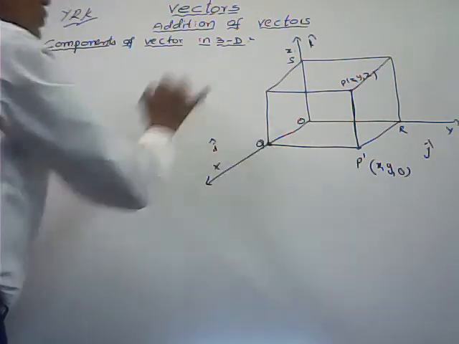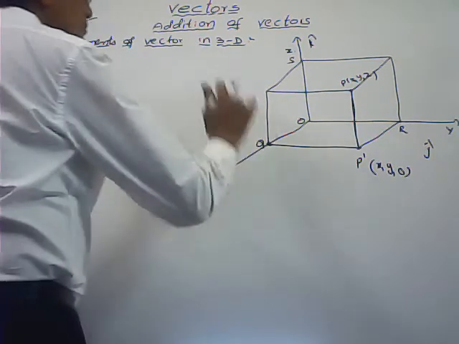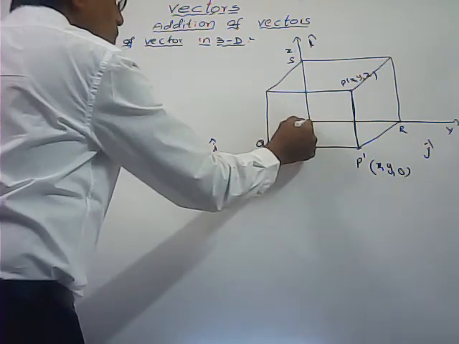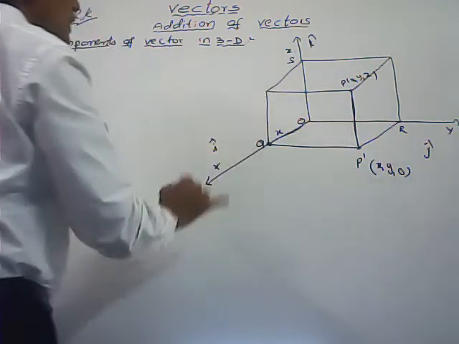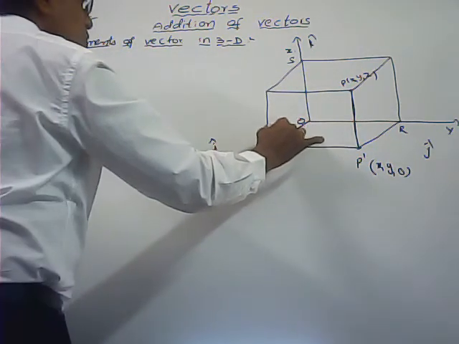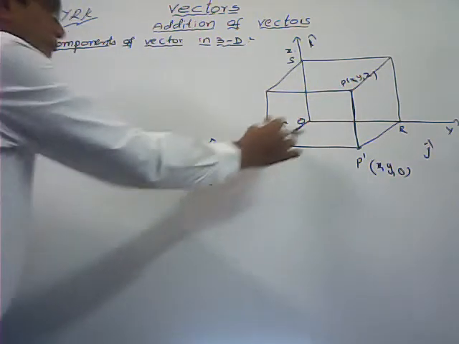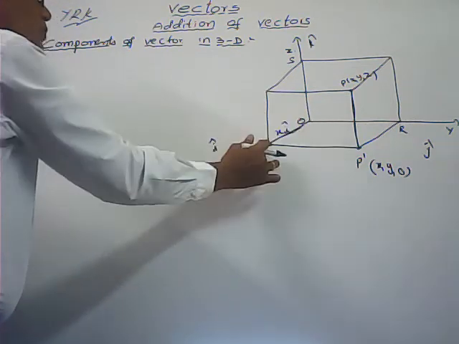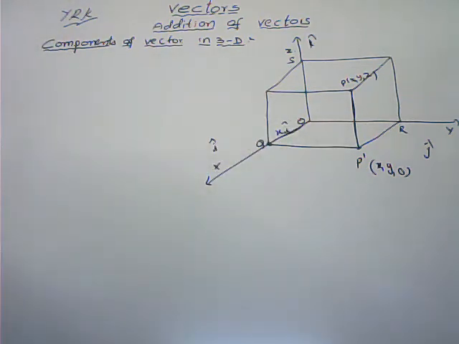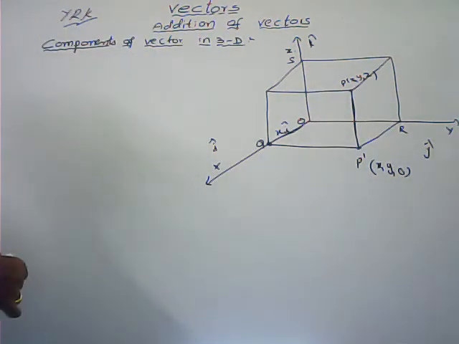And from P I have drawn the perpendicular to the x-axis. Here Q is the foot of the perpendicular on the x-axis from P. Now what is the length of OQ? That is the x coordinate. And OQ bar is equal to x i cap; if I want OQ bar, that magnitude should be multiplied by i cap. And here R is the foot of the perpendicular of P on the y-axis.